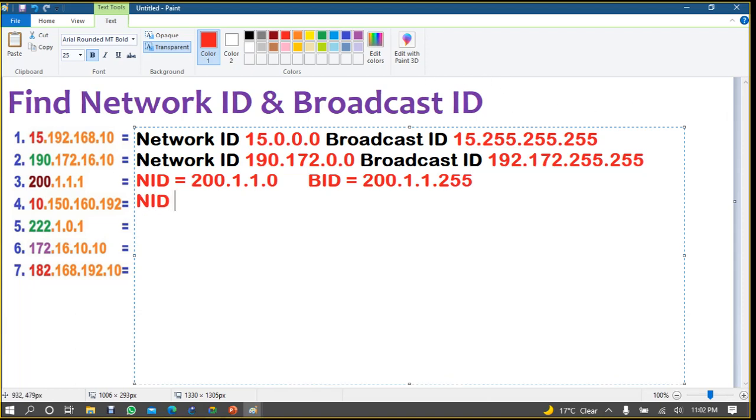Here, now if I'm talking about 10, 10 belongs to class A, so 10, no problem. The other part will be 0.0.0. Now broadcast ID. The broadcast ID is 10.255.255.255.